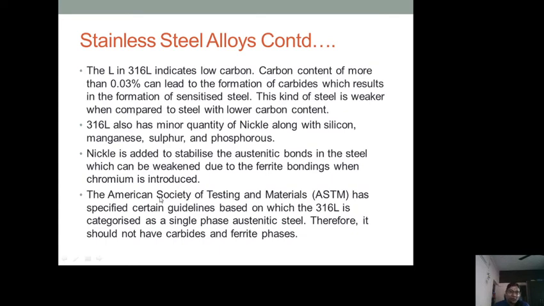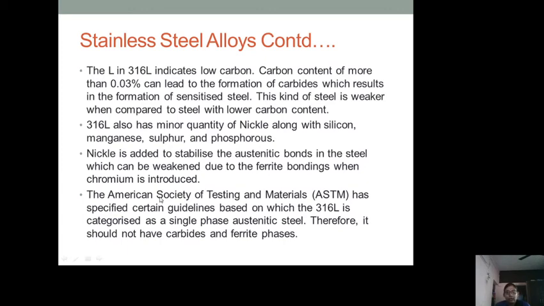In order to have a really good product, you have to have certain metals which are high in quantity, certain metals which are low in quantity as well. But all these metals are added into an alloy for a specific purpose. Nickel is also added for a specific purpose, which is to stabilize the austenitic bonds which get weakened due to the ferrite bonding.